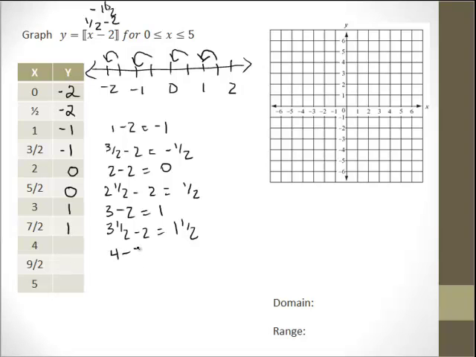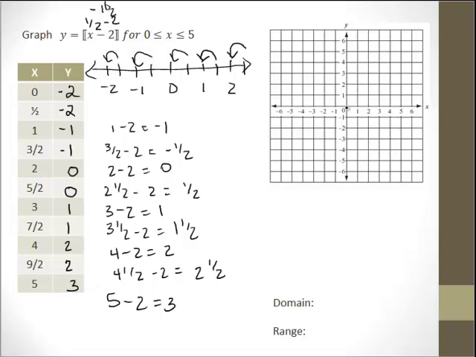Okay, how about 4? 4 minus 2 is 2, and 2 is an integer. How about 9/2? 9/2 is the same thing as 4.5. 4.5 minus 2 is 2.5. What's the greatest integer just less than 2.5? That's going to be 2. And now 5. 5 minus 2 is 3, and 3 is an integer.